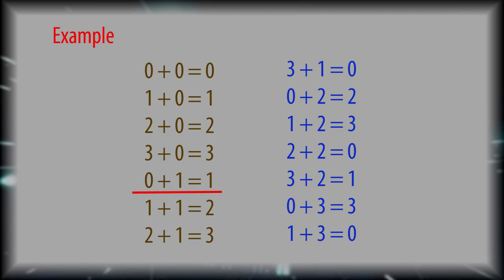So we do all these additions, and we must make sure that each of our answers is in the simplest form in mod 4. Then, after we have worked all of them, we fill the table with these values.